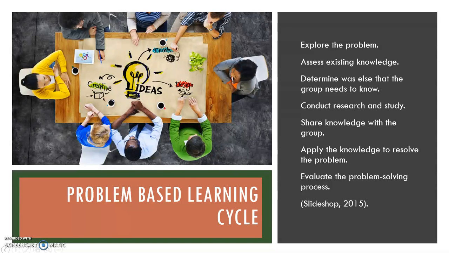Then you determine what else the group needs to know, then conduct the research and study, which is similar to using case studies, and then you share the knowledge with the group, and then you apply the knowledge to resolve the problem. And then the reason why you want a debriefing is to evaluate the problem-solving process.